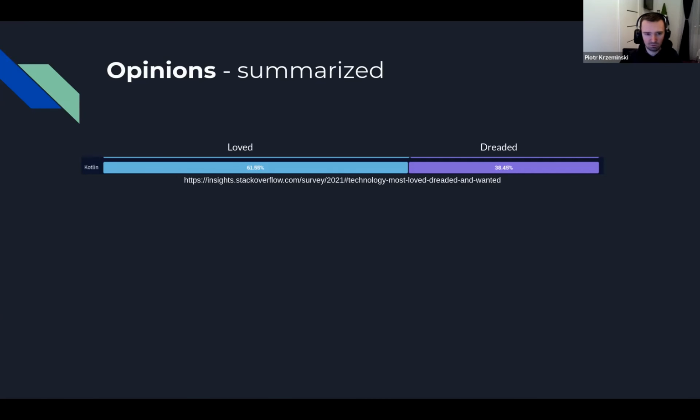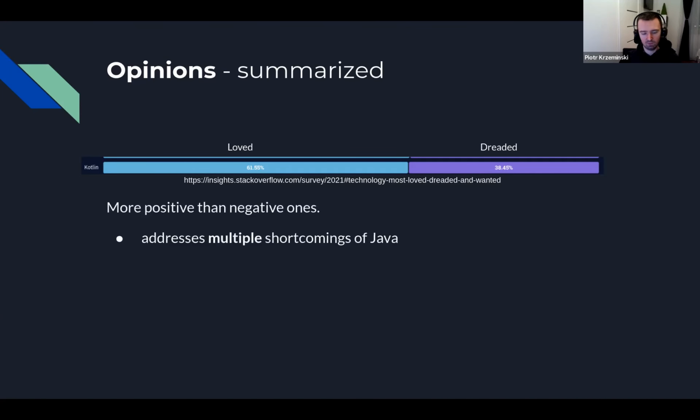So just to summarize and try to condense all these opinions from both ends into one short list. Yes, Kotlin addresses multiple issues in Java, and with the fact that it does this, it provides more power, and with more power comes more responsibility.